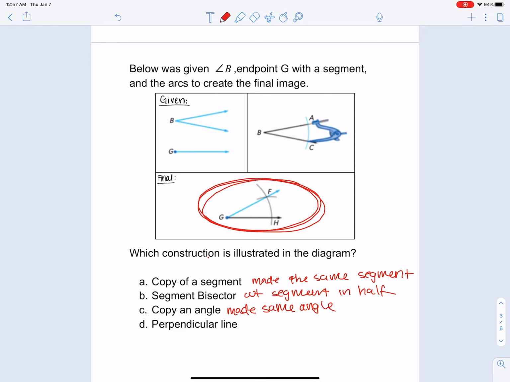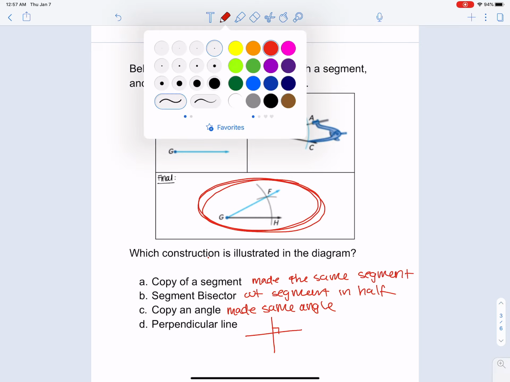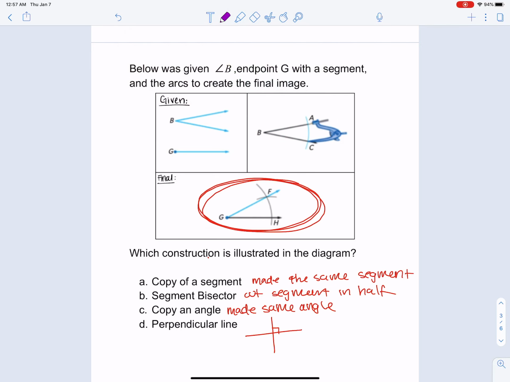Then you have perpendicular lines. What are perpendicular lines? Very good, two lines that cross at a 90-degree angle. So out of those four answer choices, what is the best answer? Very good. Copy of an angle. We started with an angle and we ended up with an angle, so you copied the first angle to the second angle.